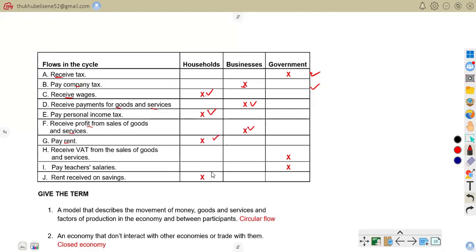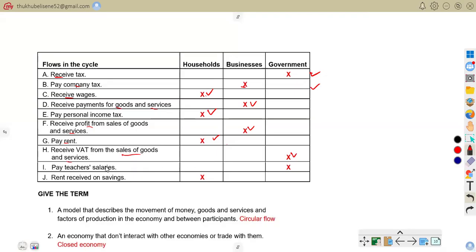Now coming to receive value added tax, VAT, from the sale of goods and services. So here government is the one who receives value added tax from the sale of goods and services. We know that government collects VAT on goods sold.